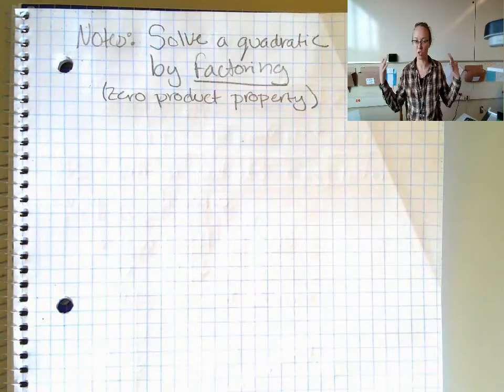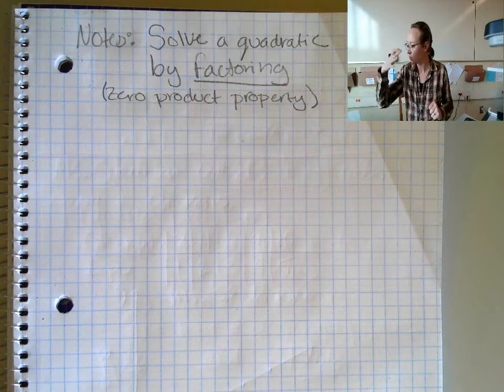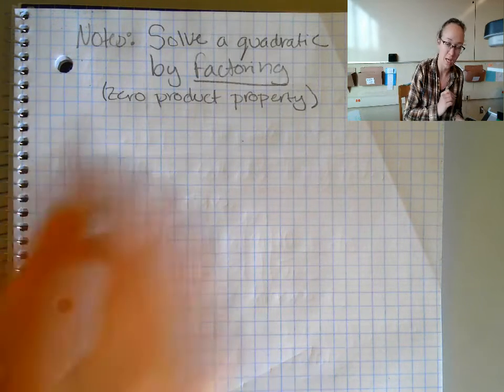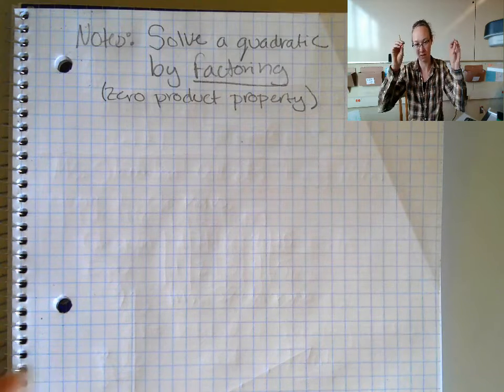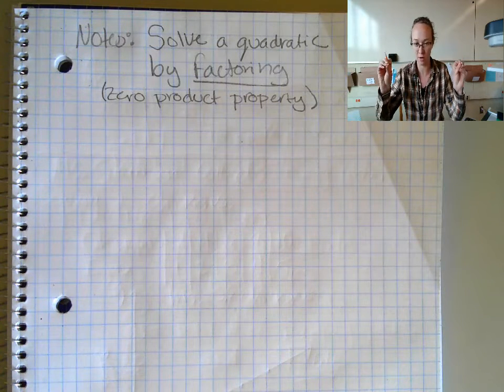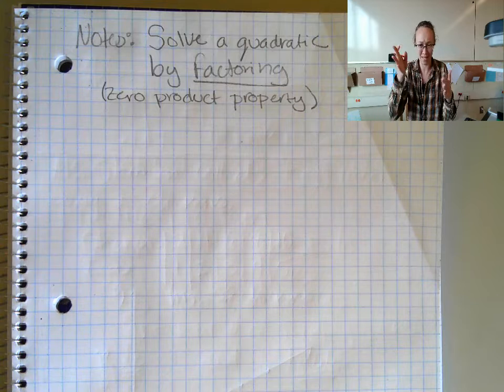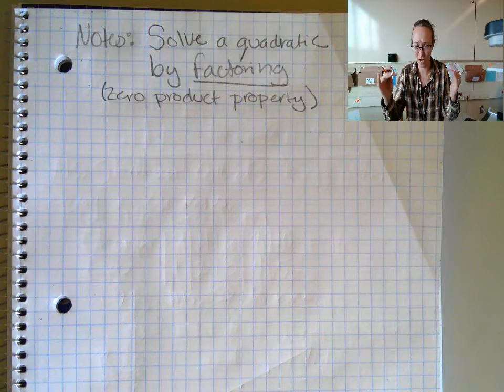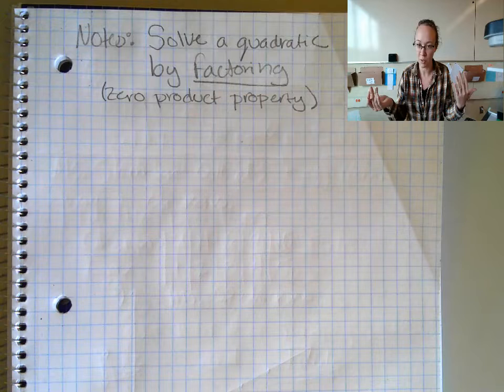All right, so let's say that you have a parabola and you want to figure out what the X intercepts, the roots of that parabola are, but they don't line up at nice numbers, right? Like you can sort of estimate it, but they're not exact and you can't figure it out. So we want to solve algebraically.